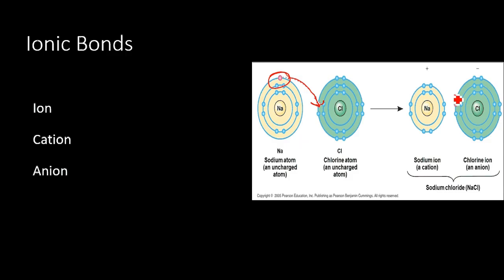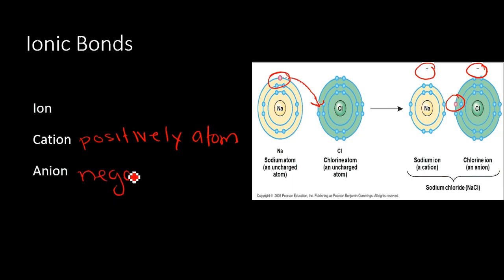So now chloride has an extra electron, and sodium is missing one, hence why we now have charges on both. So now sodium and chloride have become ions. Okay, a cation is just a positively charged atom. This is negatively charged.